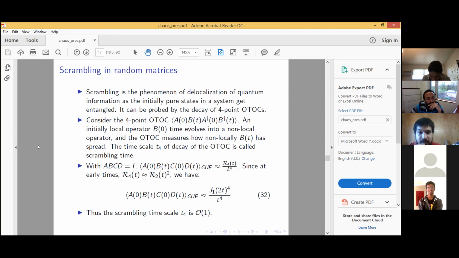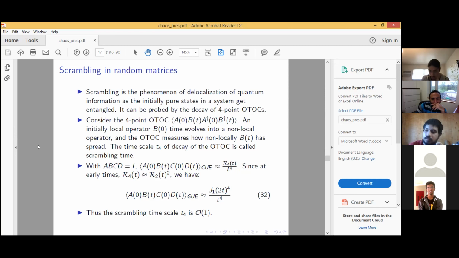Now we come to scrambling. Scrambling is the phenomenon of delocalization of quantum information. In the context of black holes, we could have a certain tensor product state that's falling into the black hole. And once it has fallen in, the information can get stored in the form of correlations between these systems.